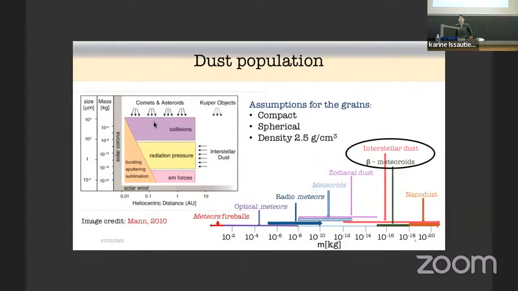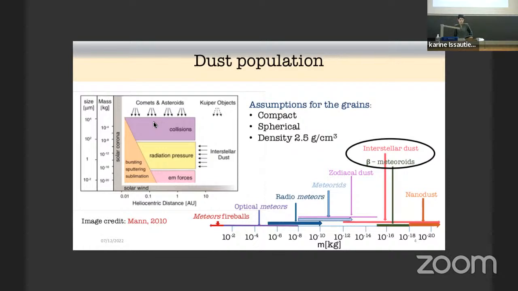So let's say a little bit more about dust grains. I mentioned that we have interplanetary dust in the solar system. They are basically parts of comets and asteroids, originating from them. And interstellar dust is entering the solar system from the interstellar medium. Here we can make one more assumption: that dust grains are spherical and compact, and have a certain density, which is 2.5 grams per cubic centimeter.